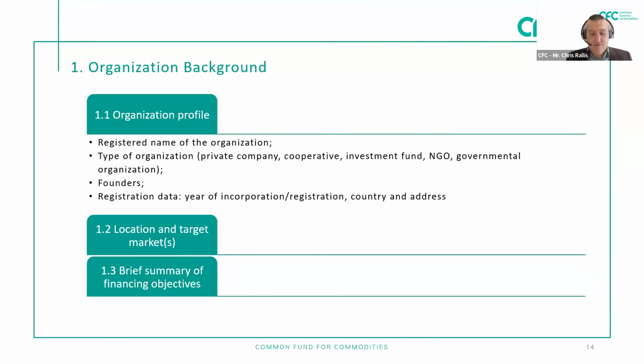That means that at the end of the day, we will be signing with you a framework agreement for 3 or even 5 years. Please note that this also concerns our short-term financing tools, for example, trade finance or working capital facilities, which typically are 12 to 18 months, but they are annually renewable for up to 5 years.